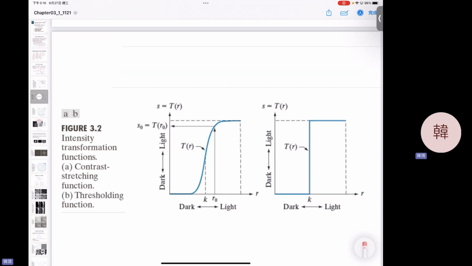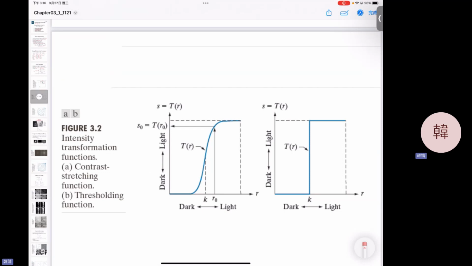It's very powerful and very easy, useful to transform your image to a bright image, clear image. So you have to look at the distribution of your image intensity levels. We call it a histogram.